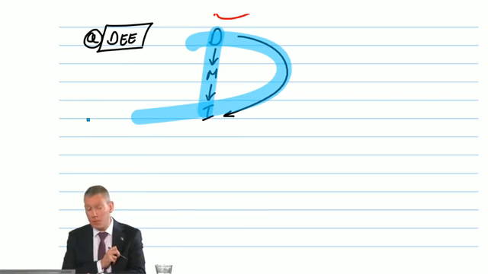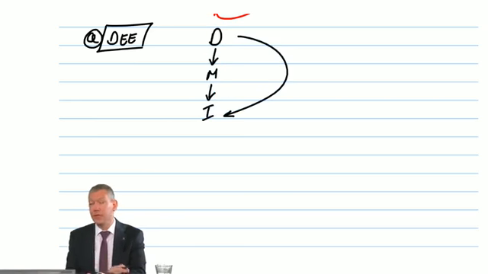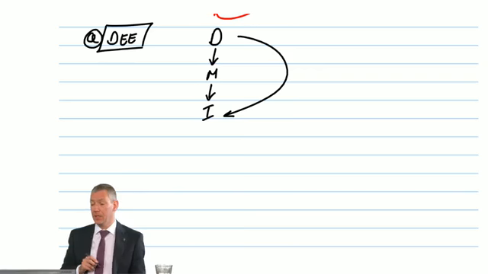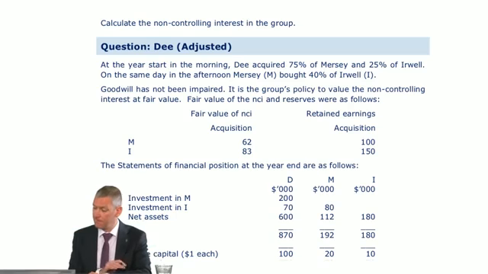Now that's the most complex group that you can have. Either you'll have a pure vertical or you'll have a D group. And it's really useful knowing the limitation of what can be examined at P2. Especially when you're given sentences like this. At the year start, in the morning, D acquired 75% of Mersey and 25% of Irwell.